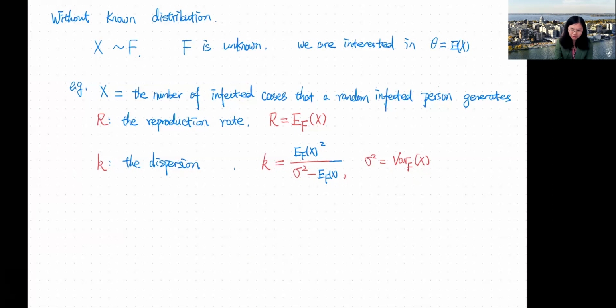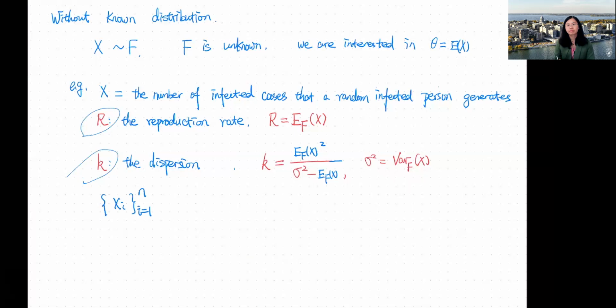So how do you estimate this R and this K? First of all, you're going to need a data set, a random sample. Suppose you get a random sample of infected people.